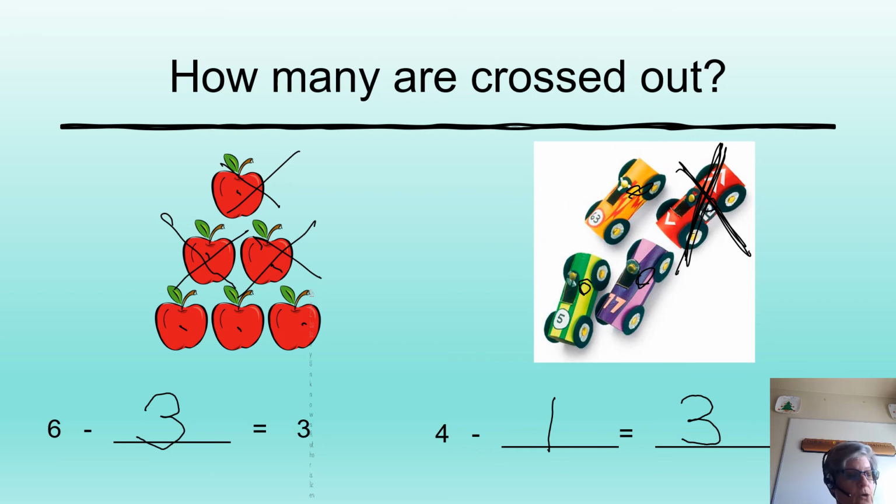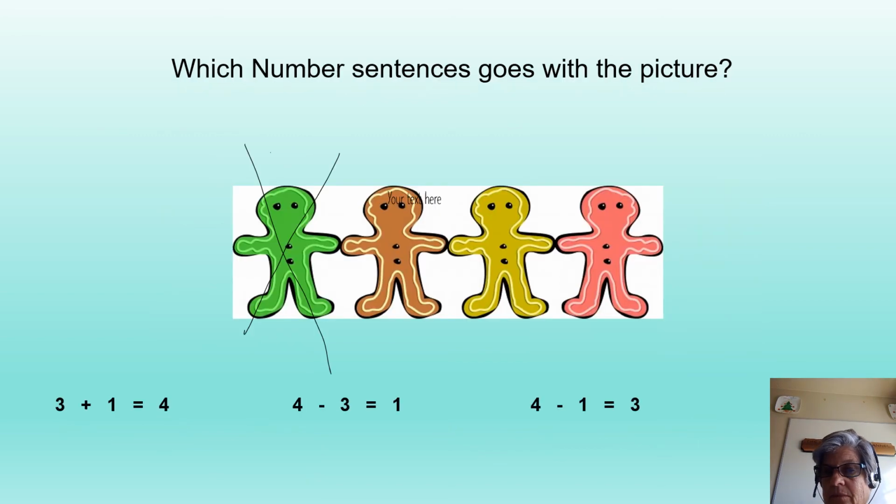Okay, now we're going to our very last slide. On this slide, we have 4 gingerbread men. It says, which number sentence goes with the picture? Look at the picture carefully. There are 4 gingerbread men. Let's take our crayon and put a dot on each one.